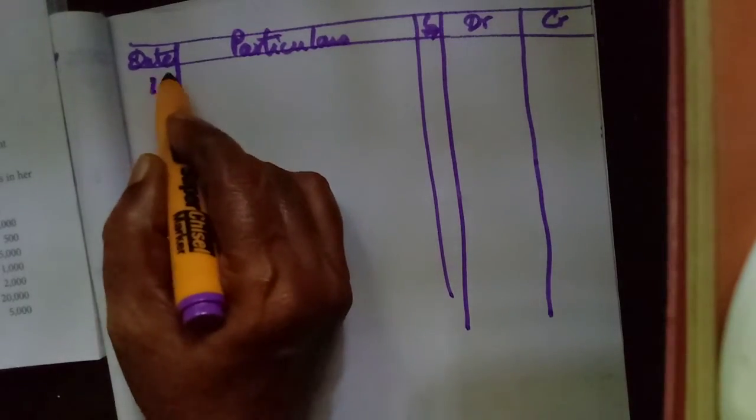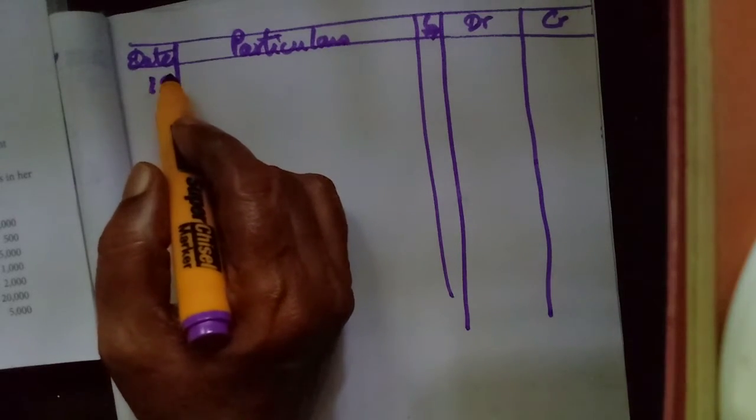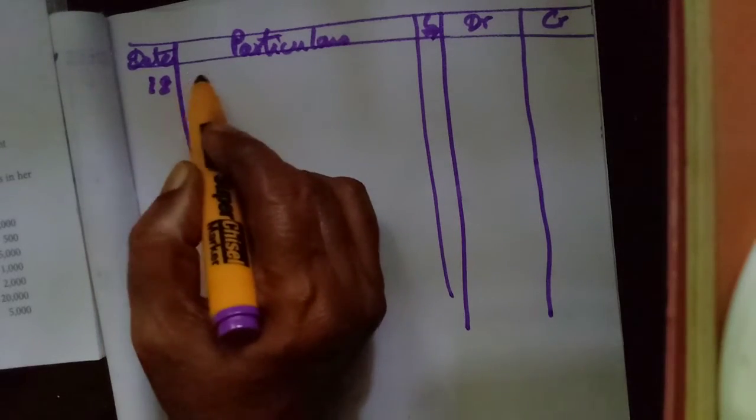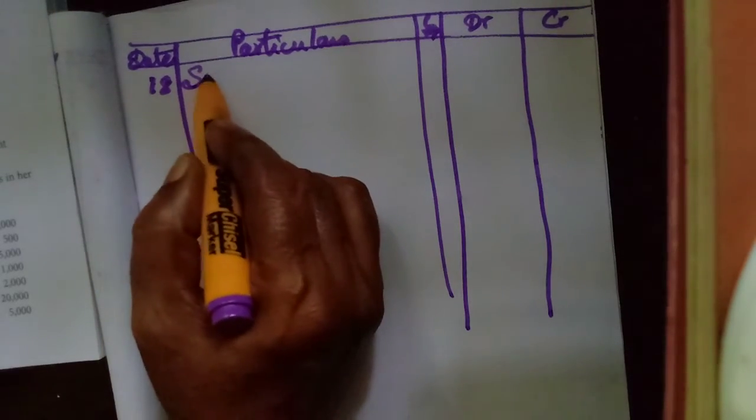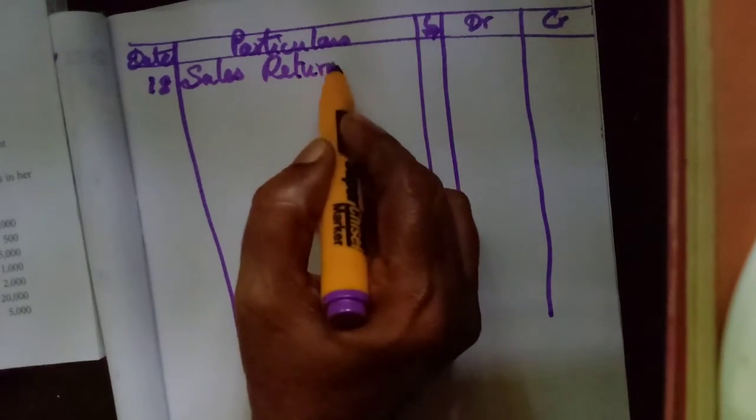Next date 18. Chandar returned goods worth 6,000. So Chandar is returning. This one is sales returns. Sales we have credited, so sales returns must be debited.